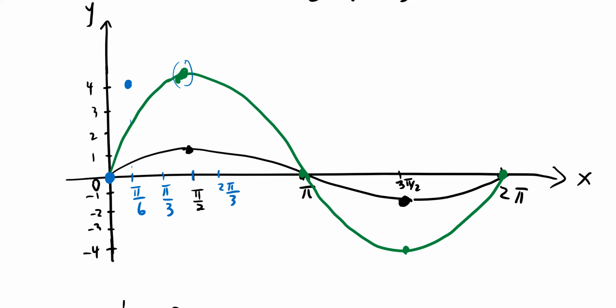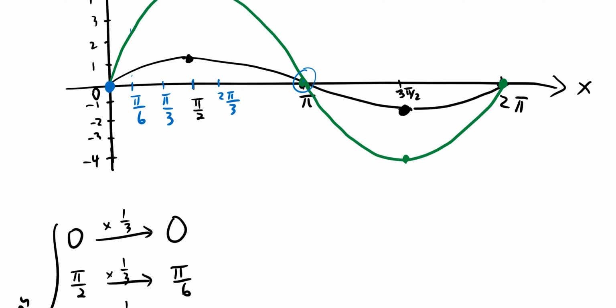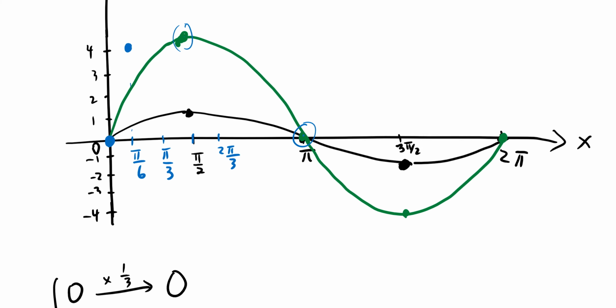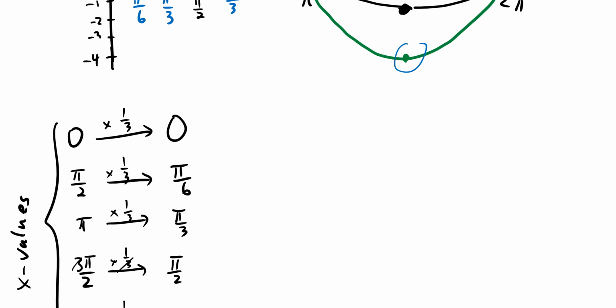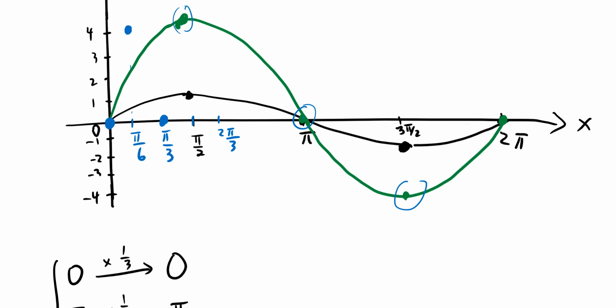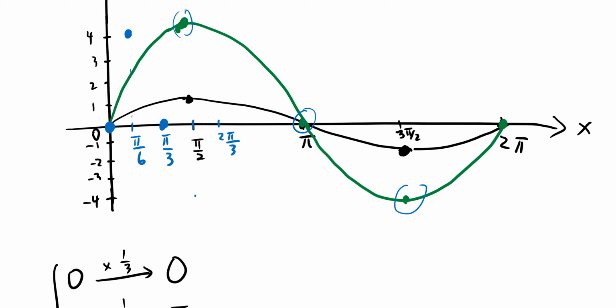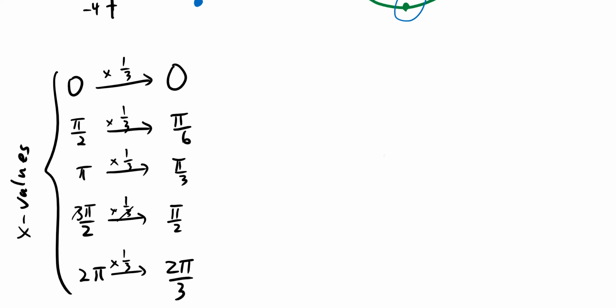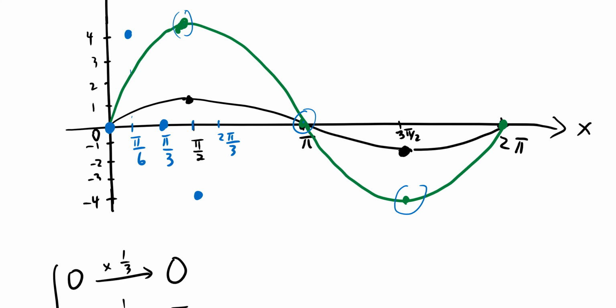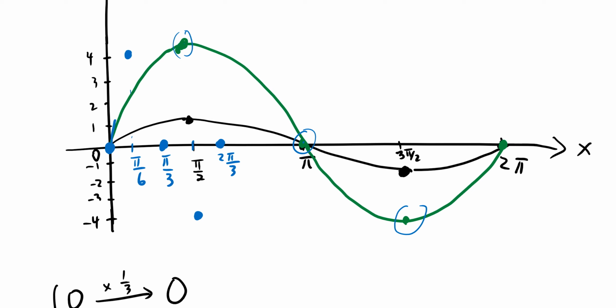Remember, this pi became pi over 3, so it's going to go down to this. And the 3 pi over 2 point became pi over 2, so pi over 2, -4. So it's somewhere here. And the last one, the 2 pi, became 2 pi over 3, 0. So the 5 blue dots are the new ones. Up, down, and up. See how it was compressed?